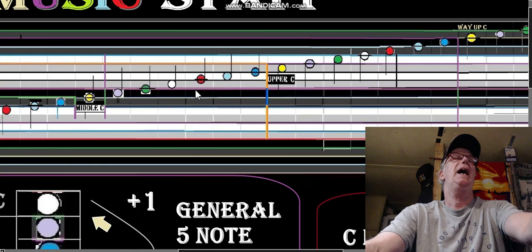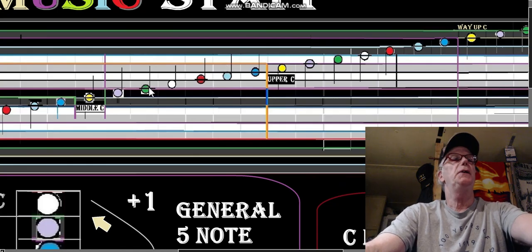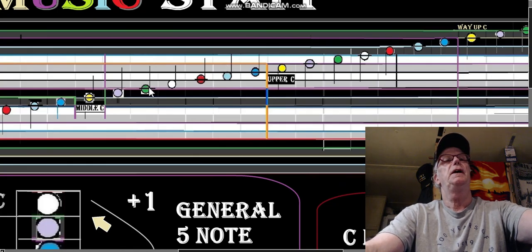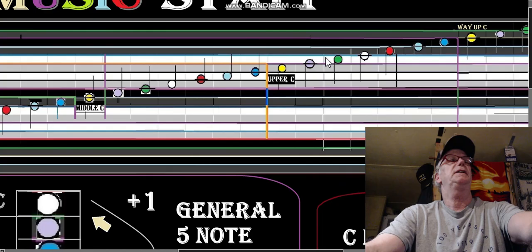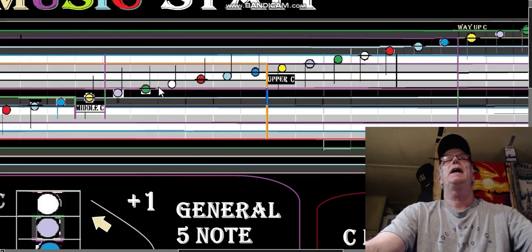Or we can add from this E to this E here, we can add the lower note and say that defines the clef, and then we can define it with an E Phrygian scale. E, F, G, A, B, C, D, E. Okay, we can do that.